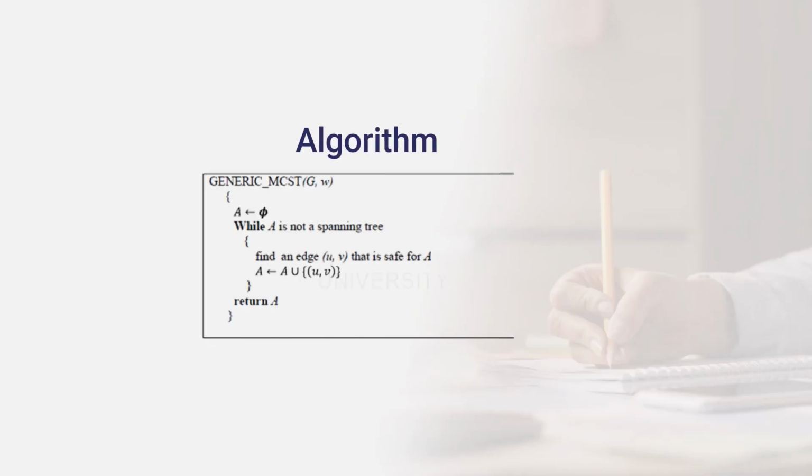So the generic minimum cost spanning tree algorithm is this: you will be given a graph and W, which will be the weights of that graph. The graph will contain vertices and edges. The algorithm says that you start with the set A, which is empty.